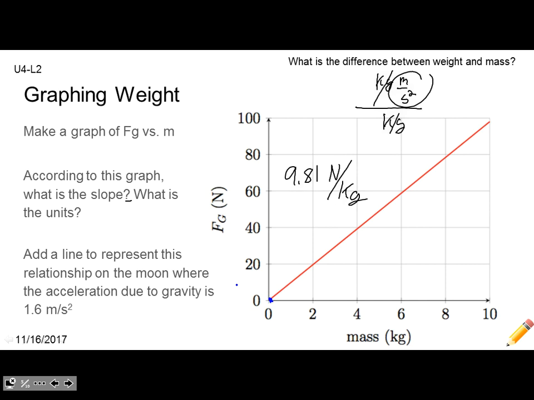All right, Natalie. Let's say I picked 6 kilograms. Should I have more weight, the same weight, or less weight on the moon than on the Earth? Less weight, all right? So in fact, if I calculate it out, I should end up with about 9 newtons of weight.